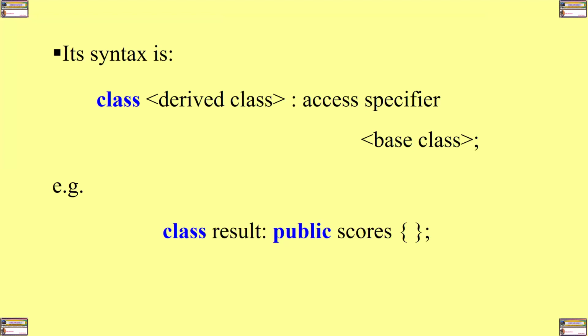We have class, followed by the name of our derived class, in this case result. Then we have a colon, the access specifier public, and then scores, an opening brace, then you can have your definition, then a closing brace and a semicolon.